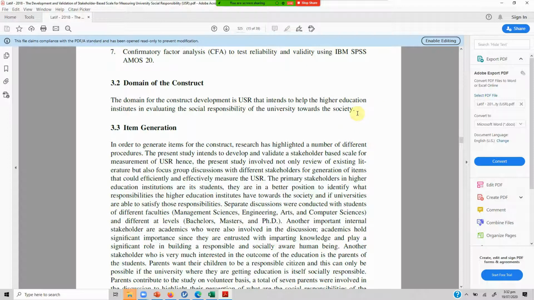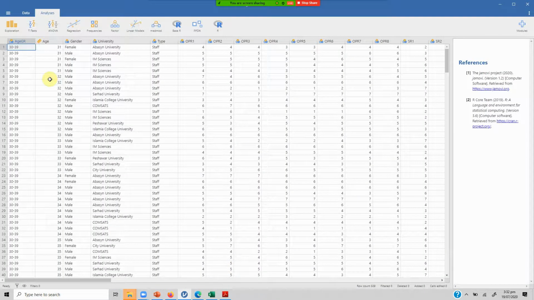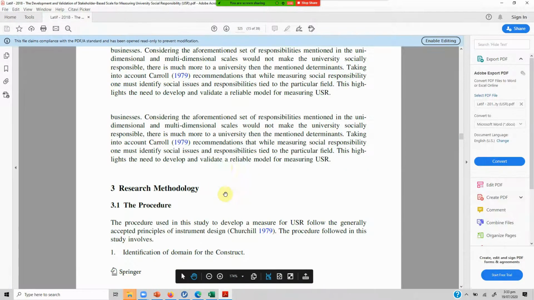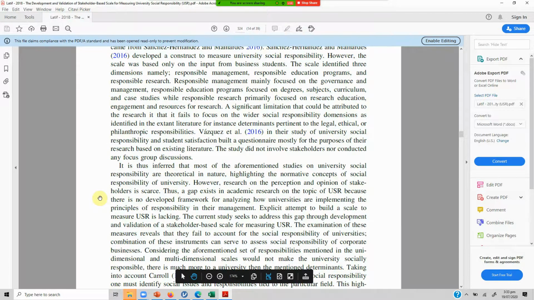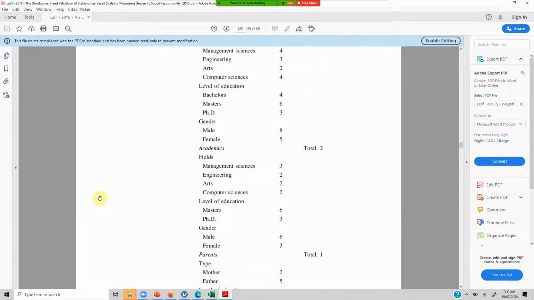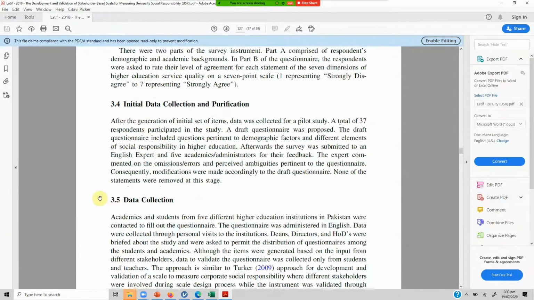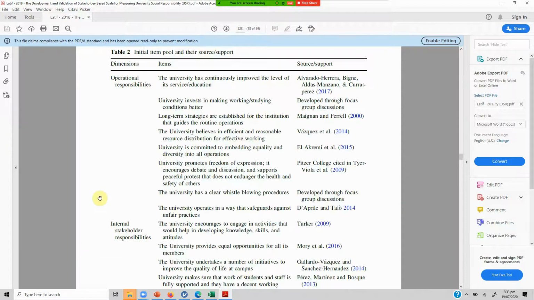So once I've got the data, I've put it in this software, and now my first step is exploratory factor analysis. Whether or not the dimensional structure that I proposed holds. For instance, I propose that these are the 7 dimensions that the university social responsibility scale should have, and each of these dimensions will have these items.